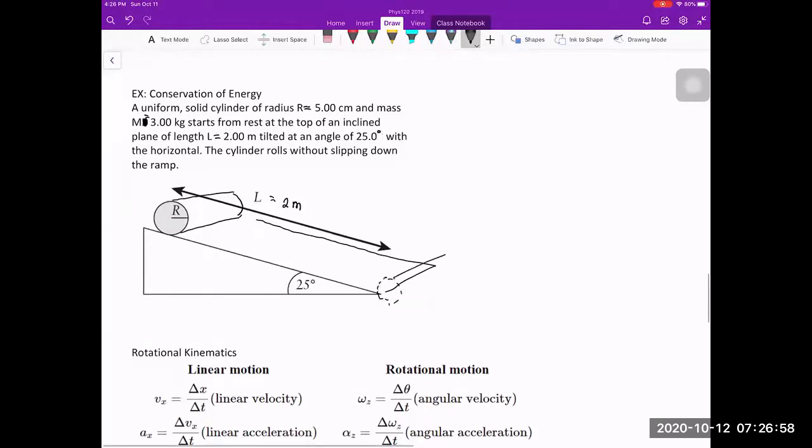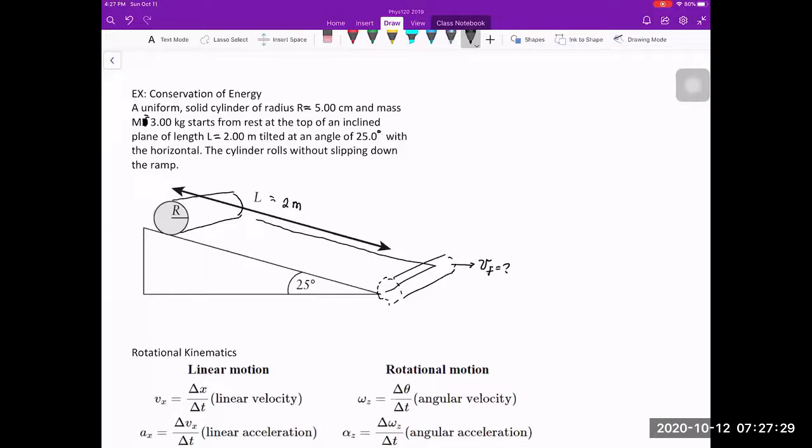When you roll down to here, we want to find out what is the speed of this cylinder when it rolls down to the ground. Okay, so we want to find the speed. We're going to use the energy method because this is related to the conservation of energy.